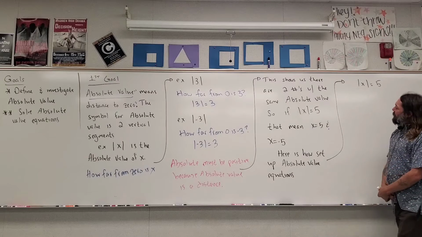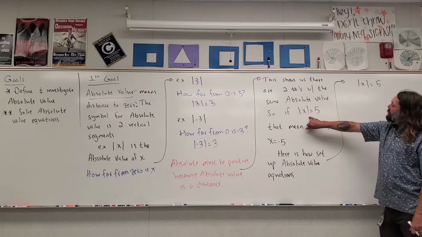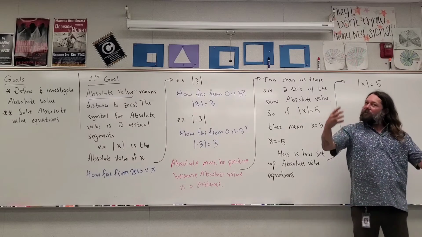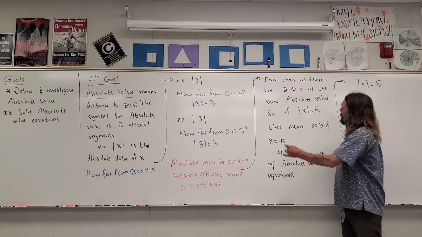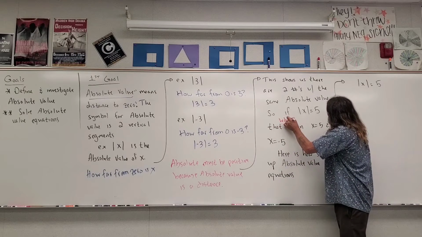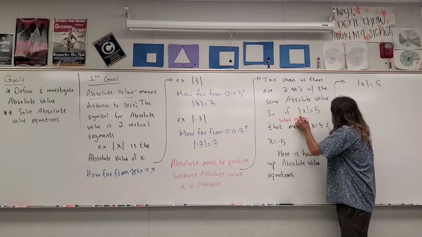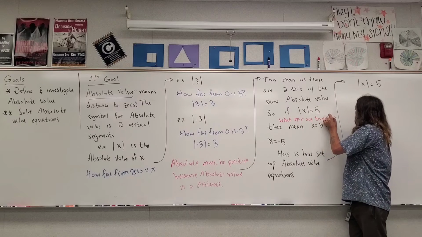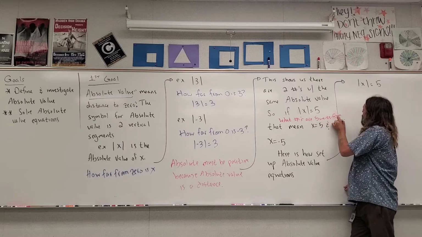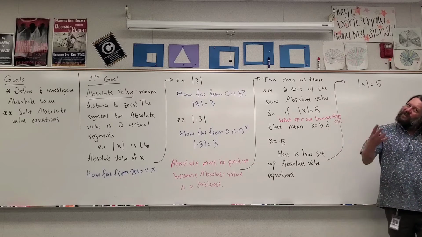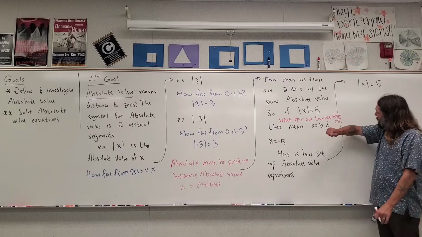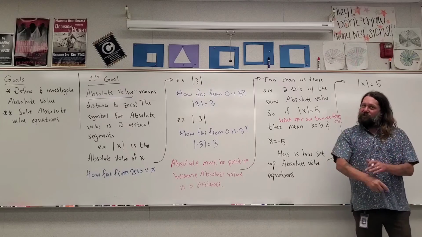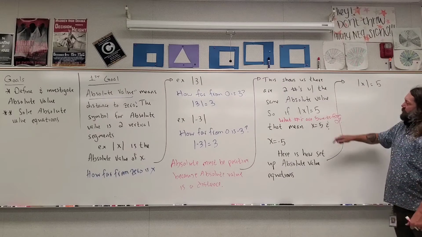So if I'm talking about the absolute value of x is 5, that means what numbers are 5 units from 0? If you think about it again as distance, it makes more sense why x is 5 and negative 5, because there are two numbers that have a distance of 5 from 0.